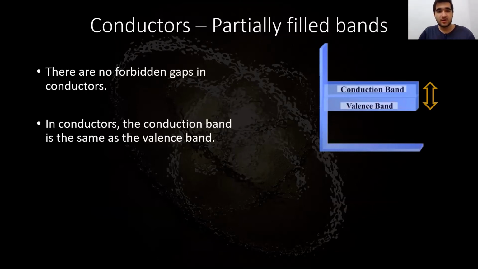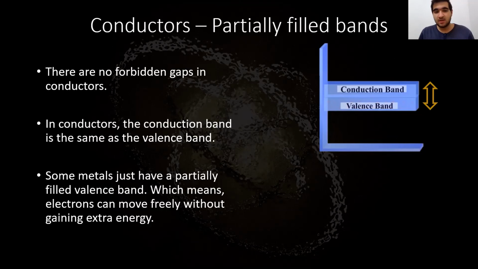In conductors, the conduction band is the same as the valence band. As we said, because they're so close to each other and there is no forbidden gap, they basically become one single band. We definitely identify and acknowledge the valence and conduction bands, but in some ways they're both in the same band.